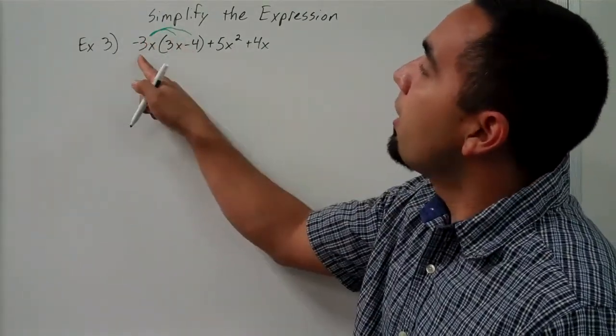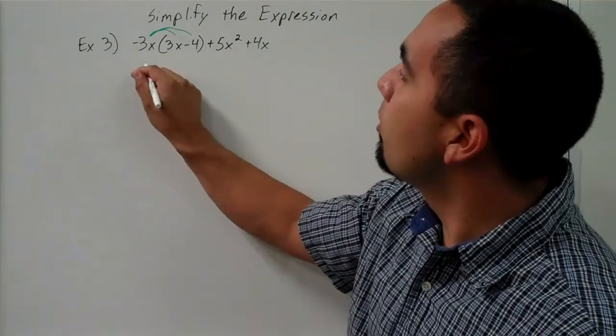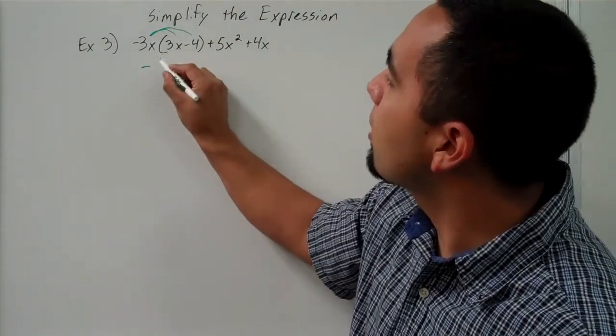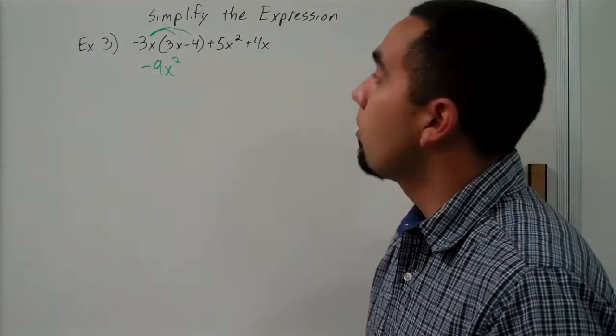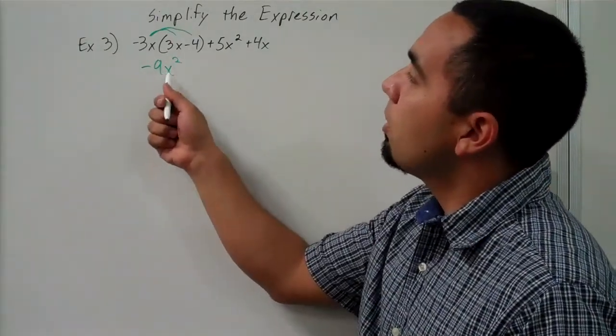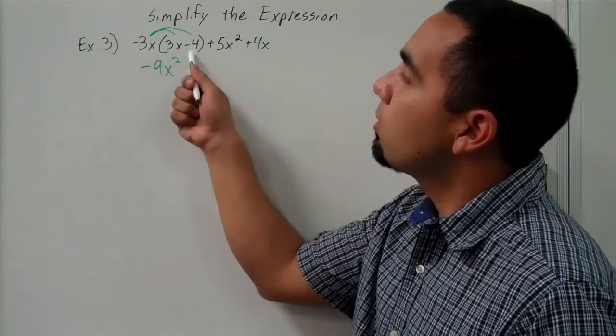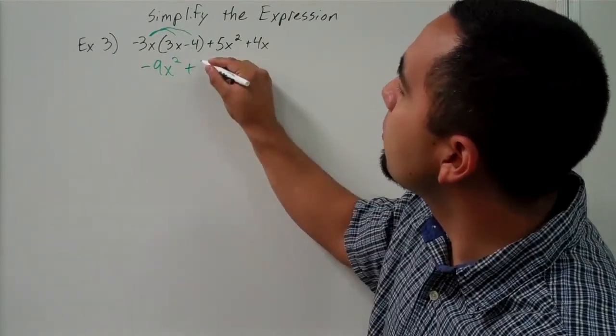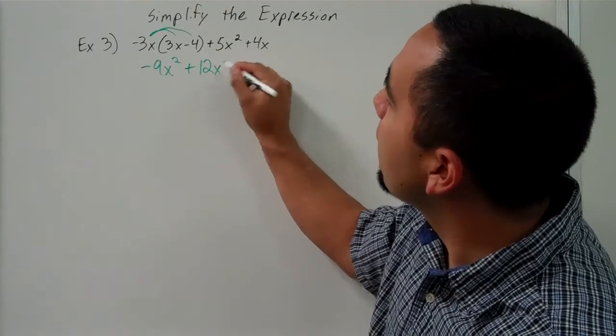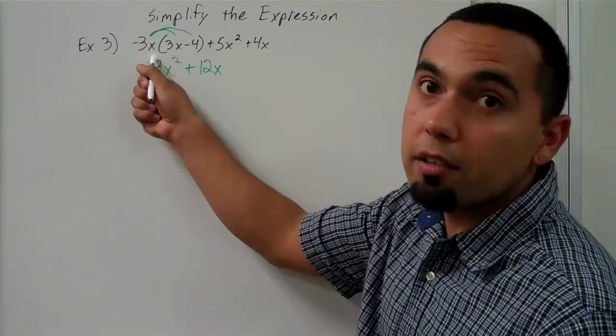So if I multiply negative 3x times 3x, and remember we learned that an x times an x, we get x squared, okay? So negative 9x squared, and then negative 3x minus 4, well that's a negative times a negative, so I get positive 12, and I can't forget that x because it's right there, okay?